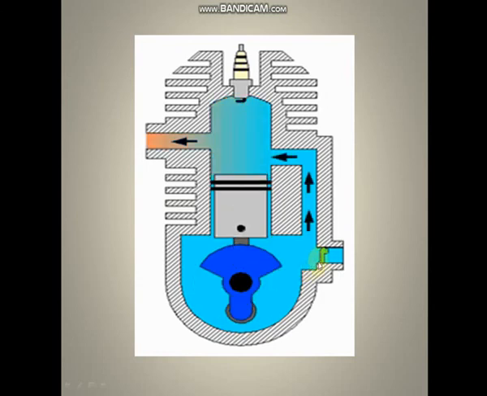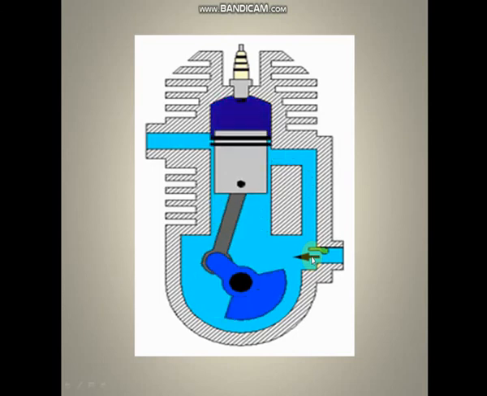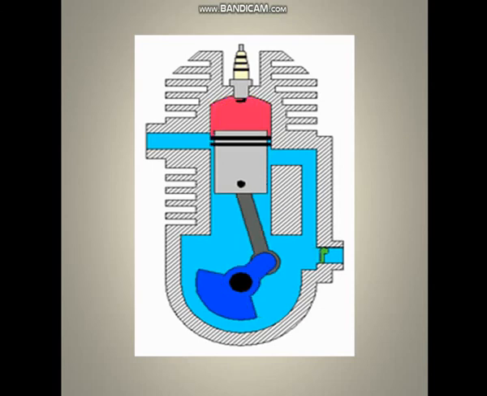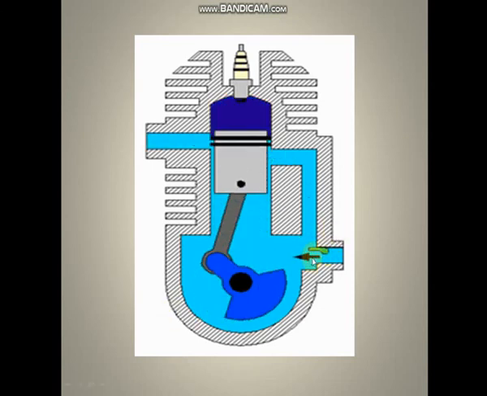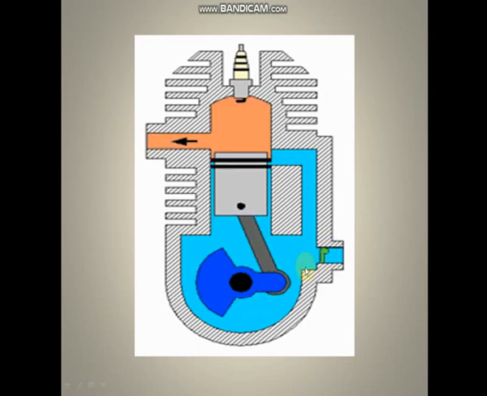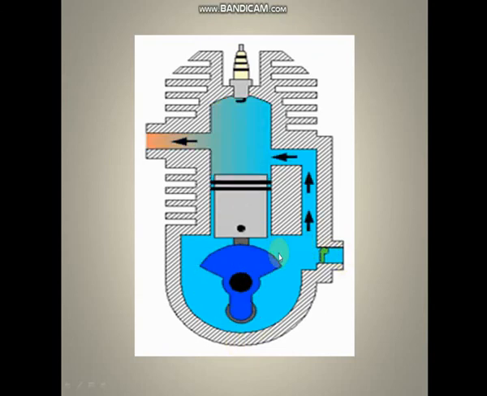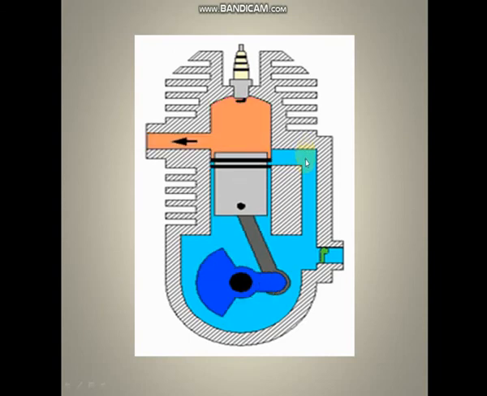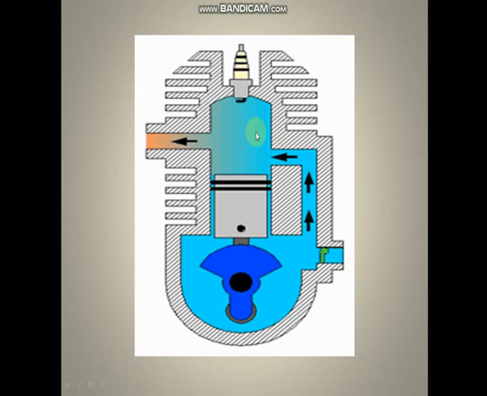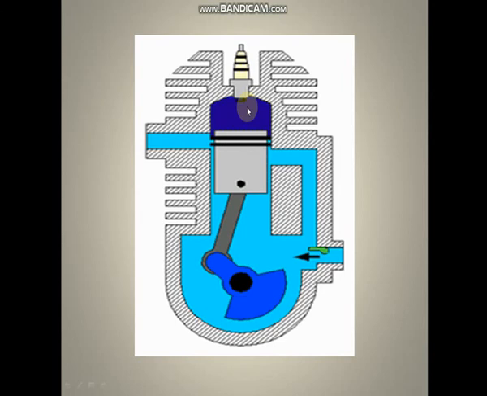Instead of the air-fuel mixture, in the case of the diesel two-stroke engine, air is inducted into this crankcase through this intake valve and it will be compressed, and again this compressed air escapes through this transfer port and goes to the combustion chamber, or you can say enters the combustion chamber.